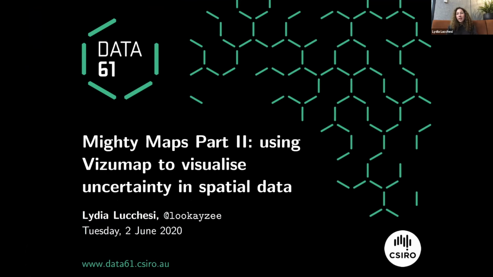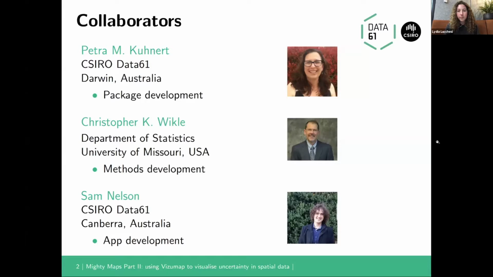All right, thanks, Susanna. My name is Lydia, and I'm going to be talking about the Vizumap R package today, which is a toolkit for visualizing uncertainty in spatial data. The package was created with Petra Kunert, and I would also like to recognize Chris Wikle.